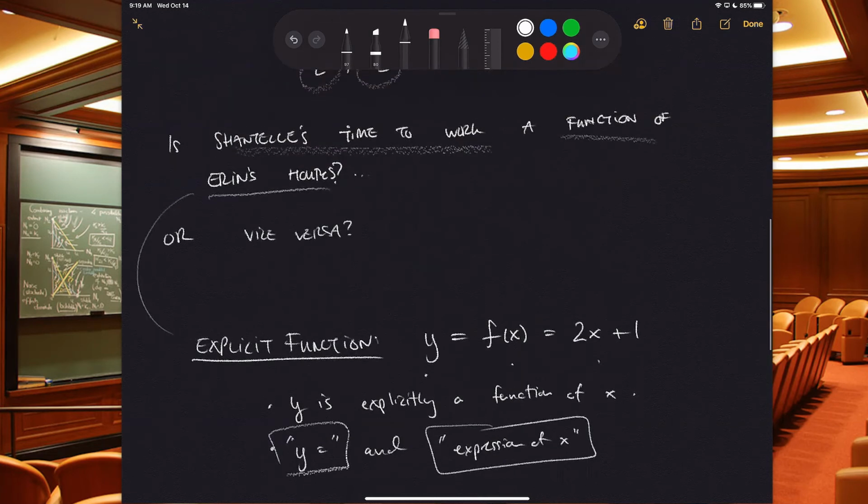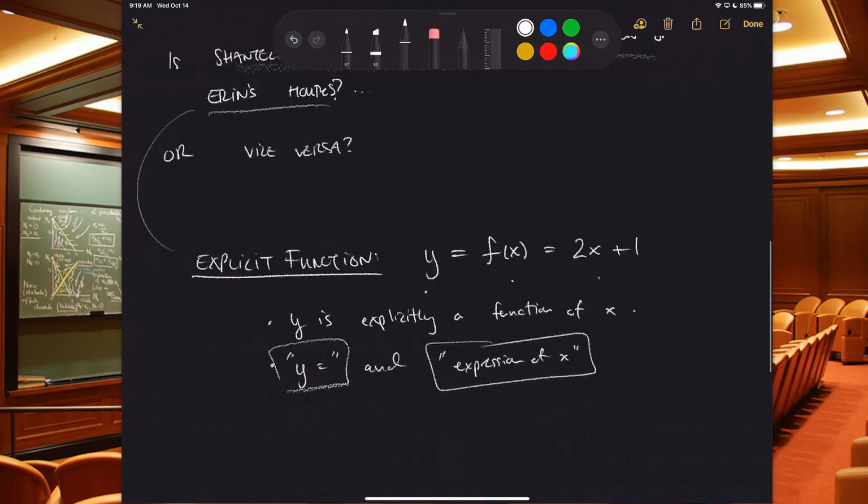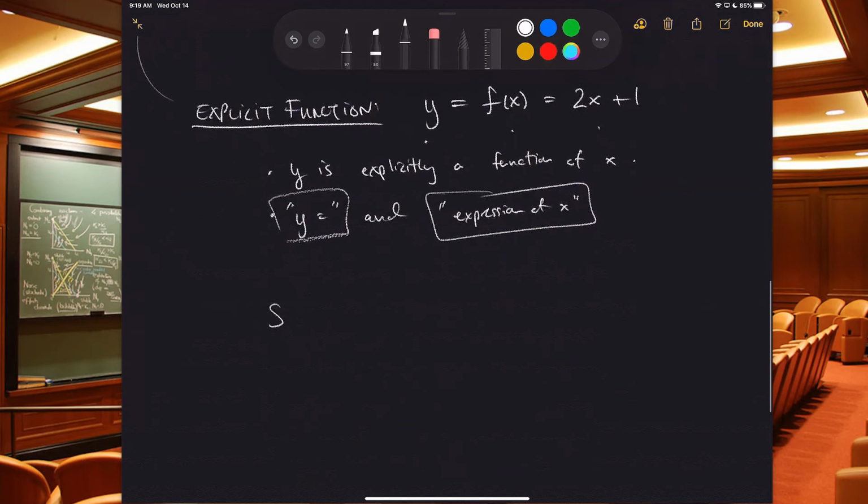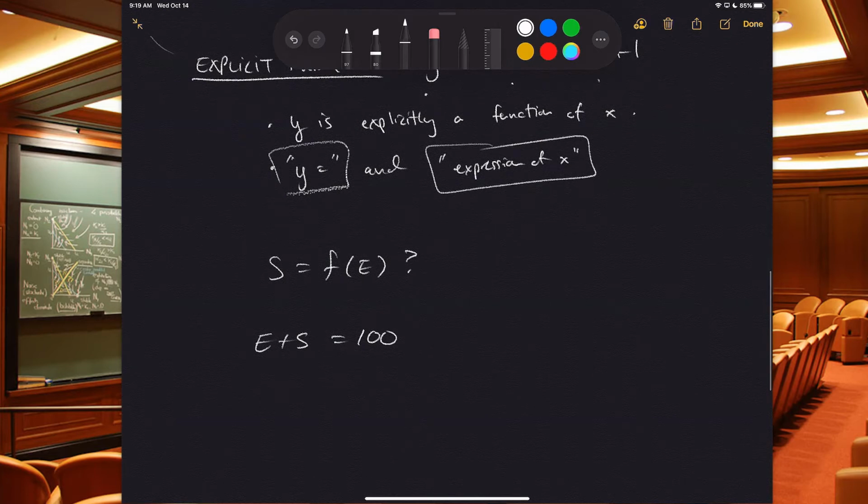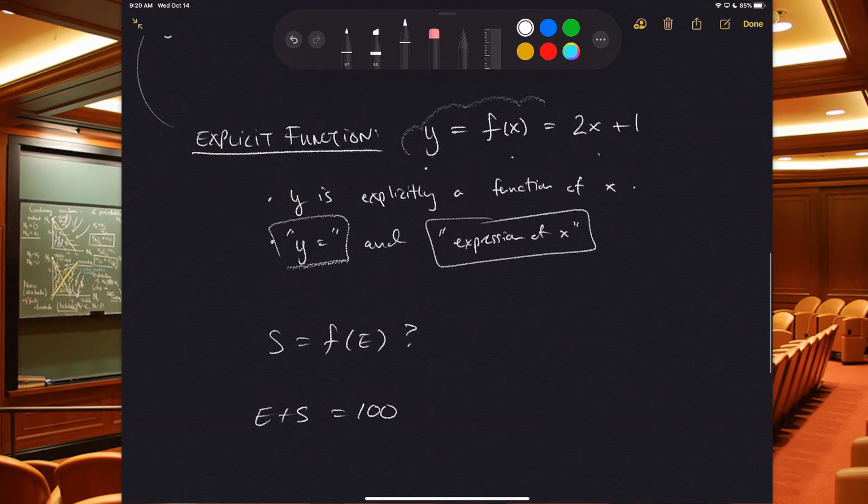So is Chantel's time to work a function of Aaron's? Well, if we have E plus S equals 100, we could solve for S to get it into this form, right?